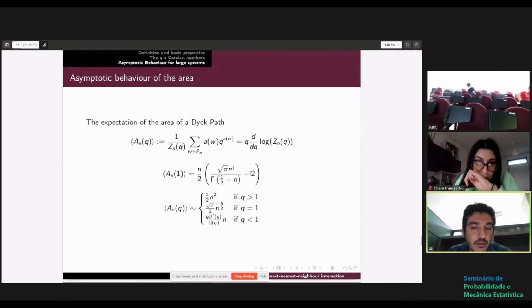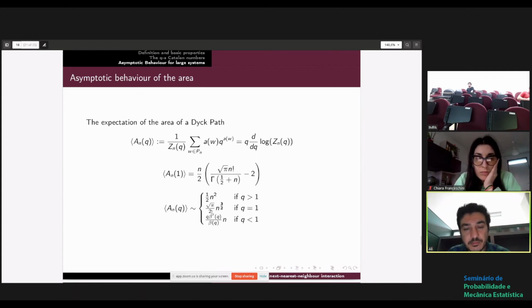So it's almost a full rectangle; more physically, you have a ferromagnetic state. For q smaller than 1, the average area grows linearly, which tells you that the typical height of the Dyck path is of the order of unity. It's just finite, which means that there are many minima, and the state looks more like an antiferromagnetic state.